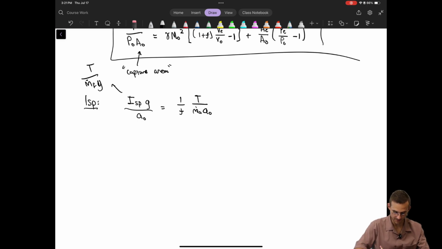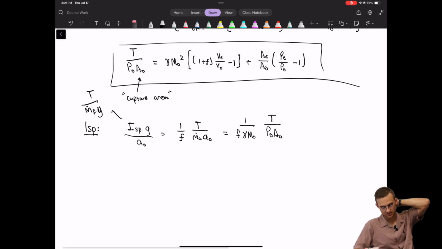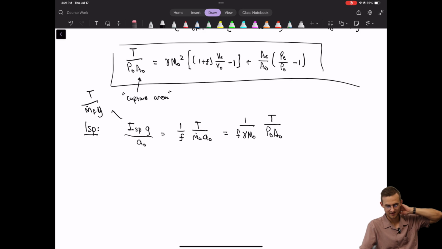So that's how you end up with this thing. And then this becomes 1 over gamma M naught times T over P naught A naught. Okay, so this is how you can translate between the non-dimensionalized thrust and the ISP in a non-dimensionalized way.